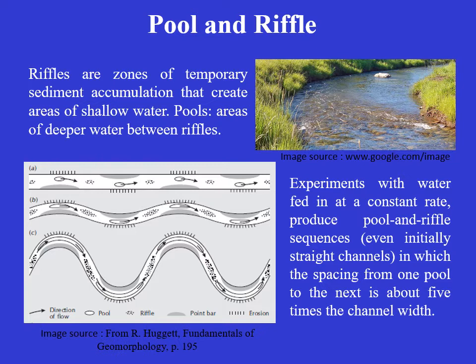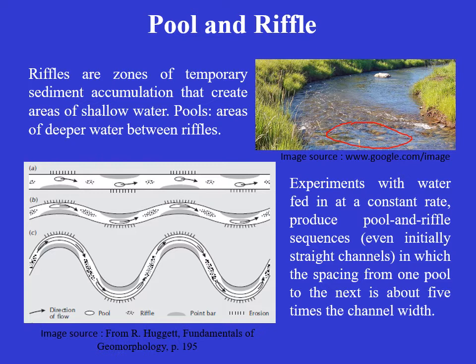Now, here you can see in this picture, you can clearly see the pebbles and cobbles are almost exposed to the atmosphere in this portion, and you can have an idea that at this portion, the river water flowing over it is very shallow.